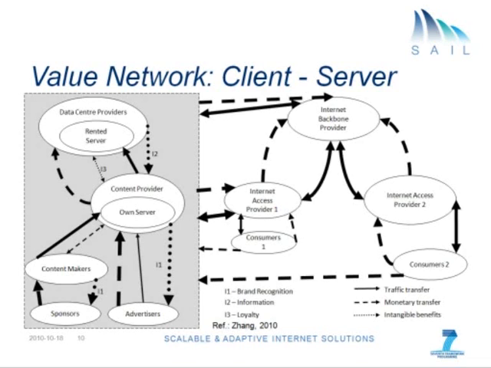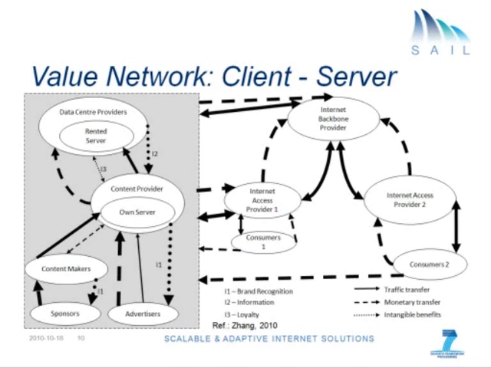Normal arrow shows the traffic transfers, which corresponds to the goods and services in typical value network figures. Then we have dashed arrow that shows the monetary transfers, so how money flows between different players.